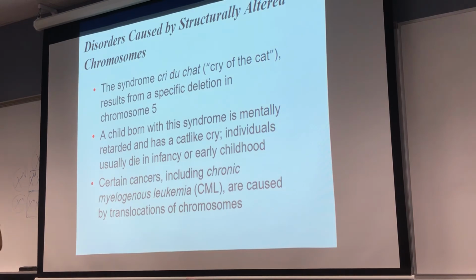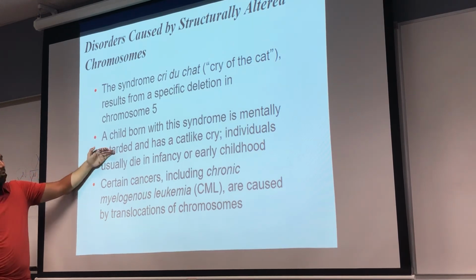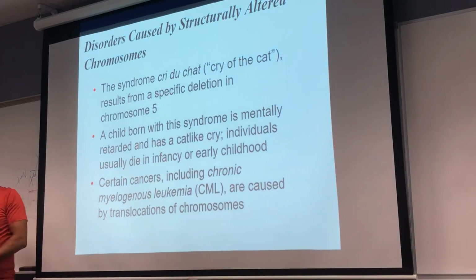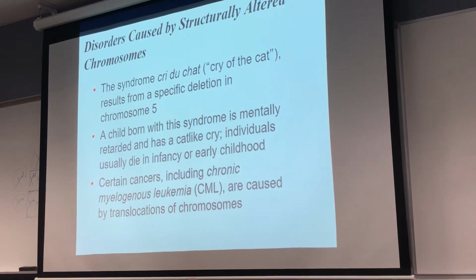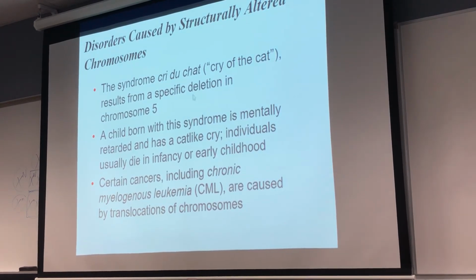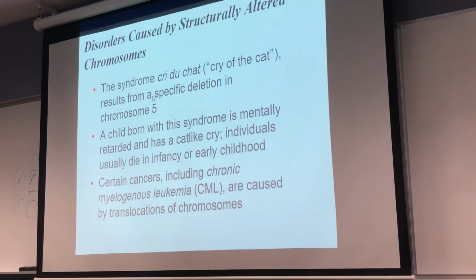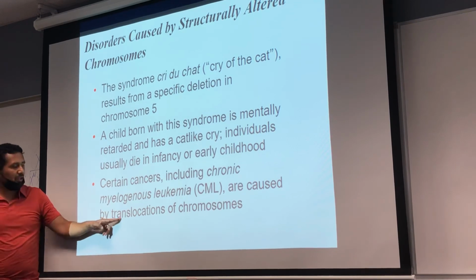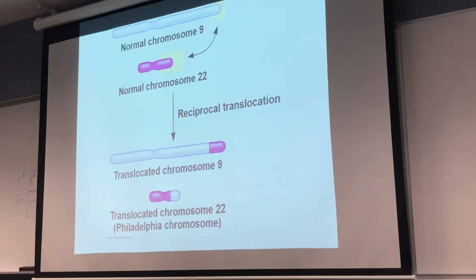So, deletion in chromosome 5. These children will have this syndrome and are mentally retarded. They have this cat-like cry, usually in infancy or early childhood. So there's a deletion of this segment. Here they're not missing the whole chromosome 5, but they're missing a segment on this chromosome. And then you have this cancer, chronic myelogenous leukemia, CML, caused by translocation of the chromosome.